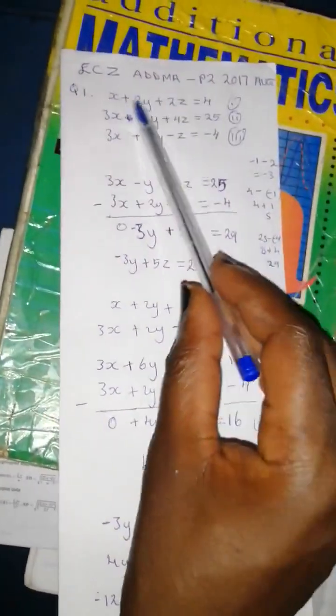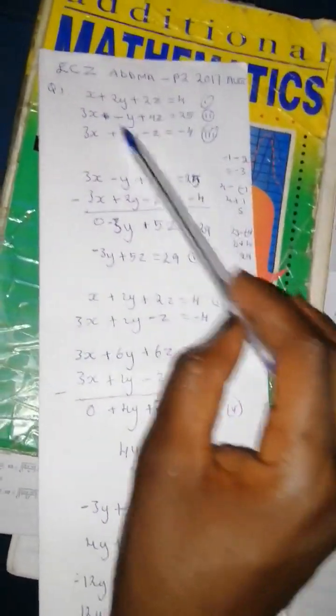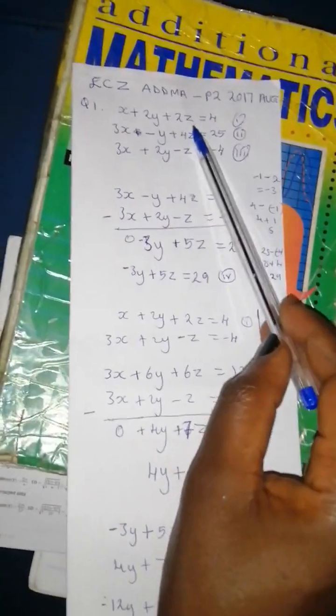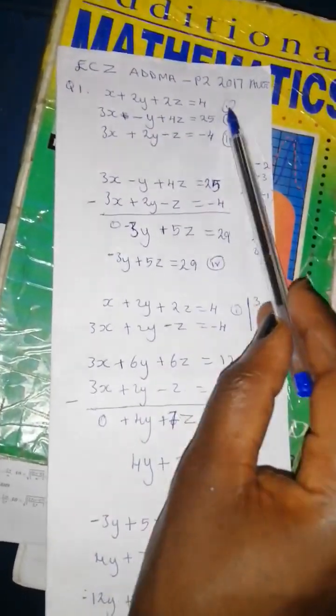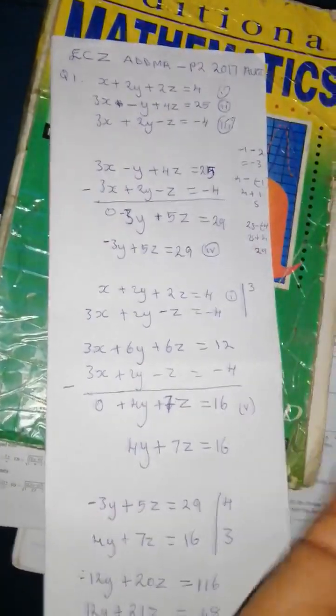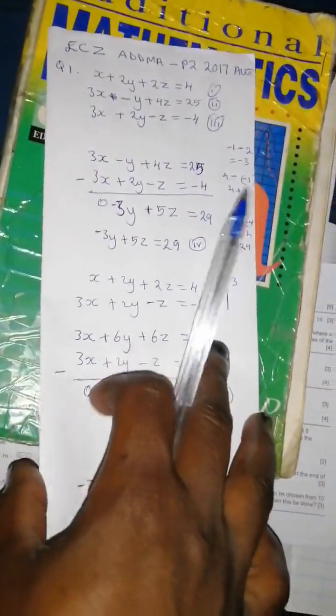Now, we found the value of z and the value of y. So for us to find the value of x, we have to get one of the original equations which has the 3 variables. So if I get the first one, x plus 2y plus 2z equals 4.